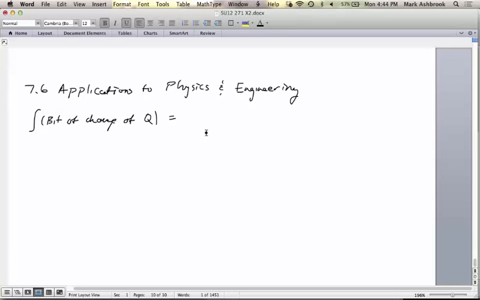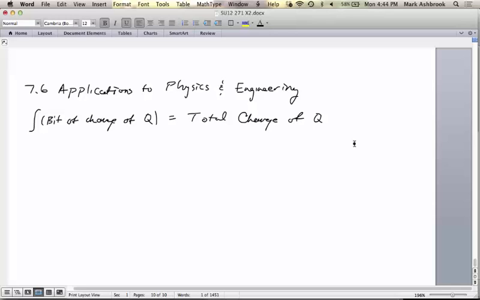If we take the integral of a bit of change of Q, what does the integral of a bit of change of Q mean? If Q is just some quantity. Total change in Q. So in terms of these applications to physics and engineering, it's this all over again.